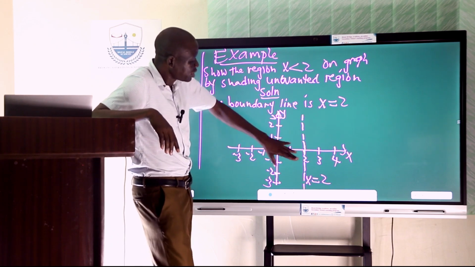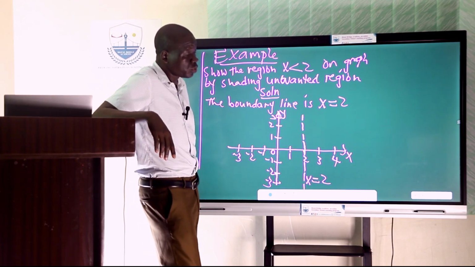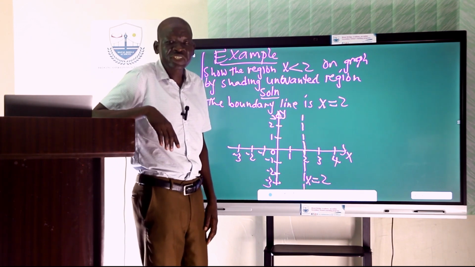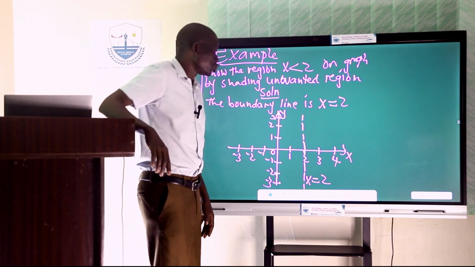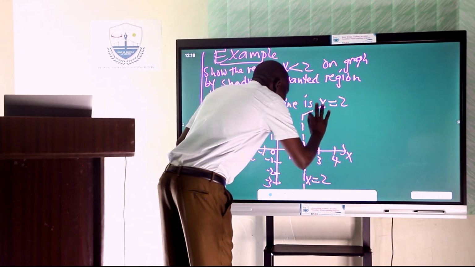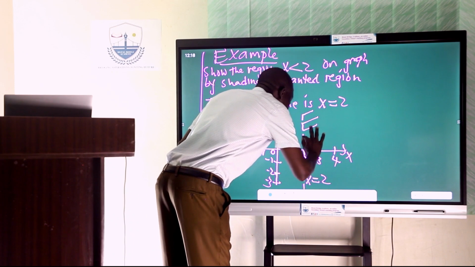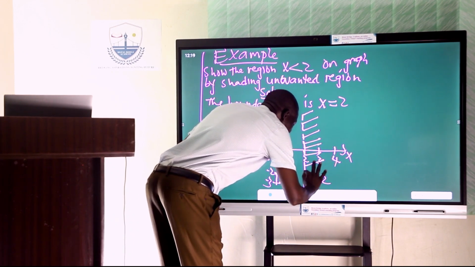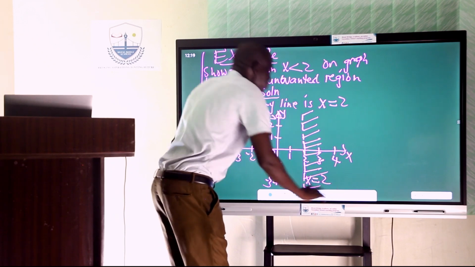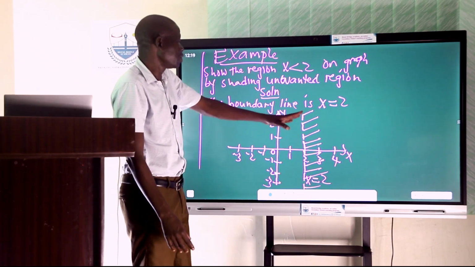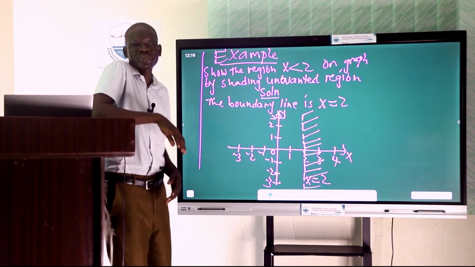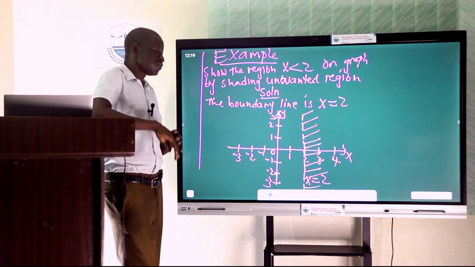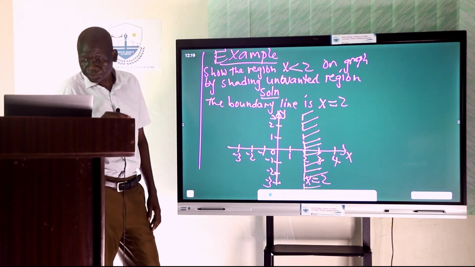So the region on the left of 2 is wanted. But when we are shading, we shade the unwanted region. So the unwanted region will be from this point, and we shade it in this form. By so doing, we have already answered the question. This is how we represent such an inequality on a graph.